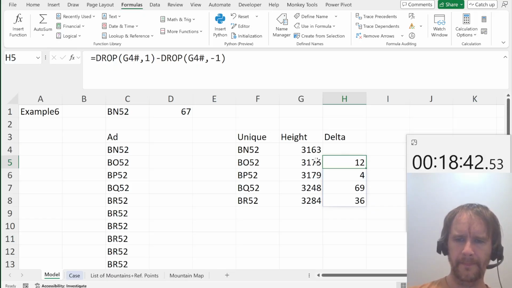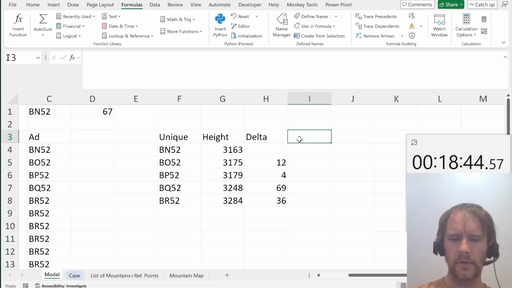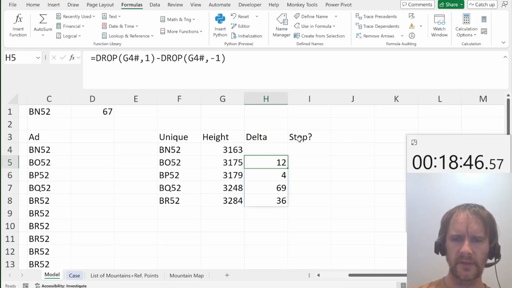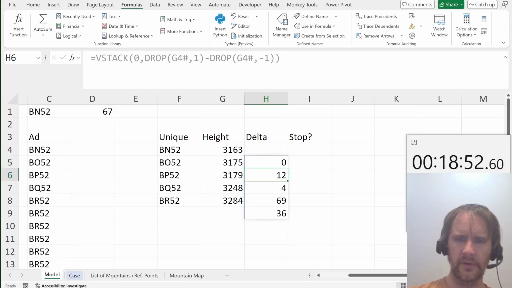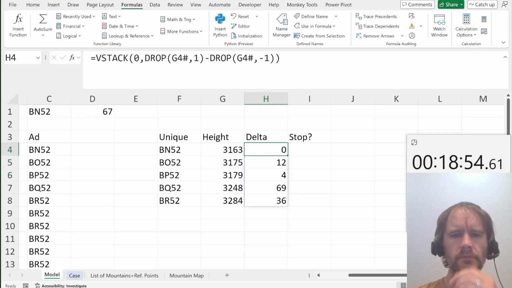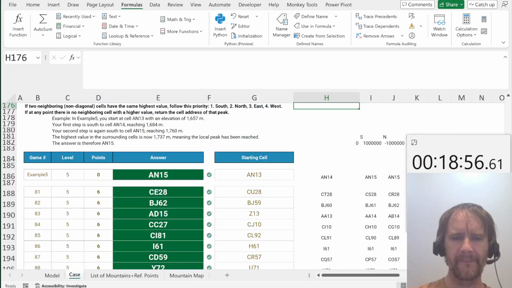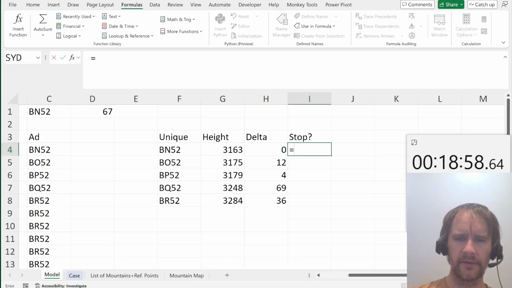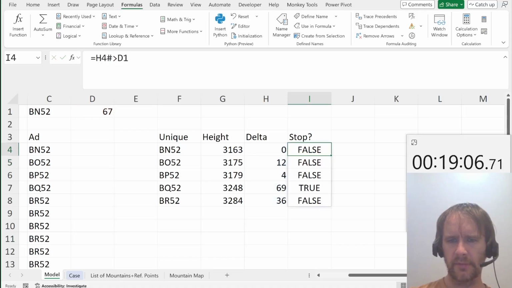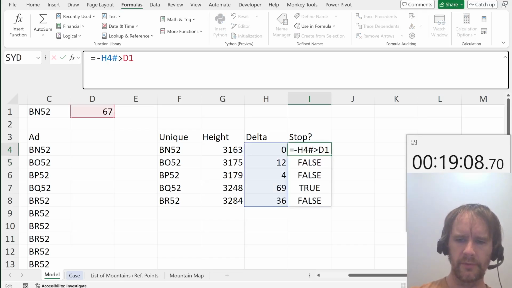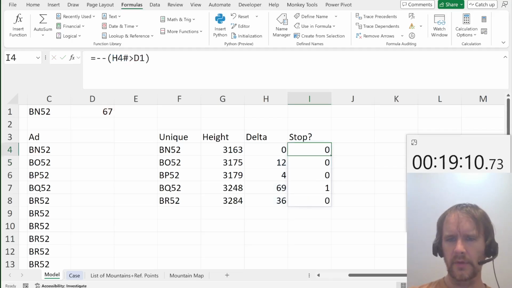Okay. Stop. Actually, let's just make this VStack 0 with this, because then it'll be the same size, and that's a lot easier to work with. So now where exactly the stop happens is a question, but we'll figure that out in a second. So this greater than this means we stop. Let's do minus for all that.